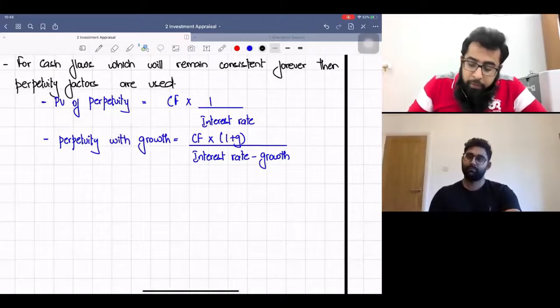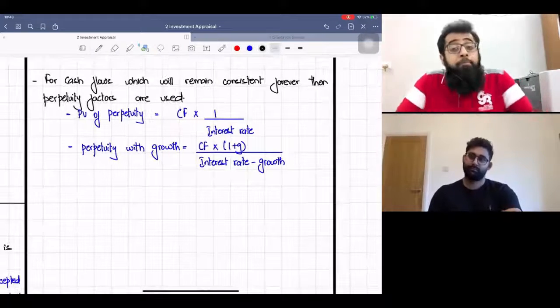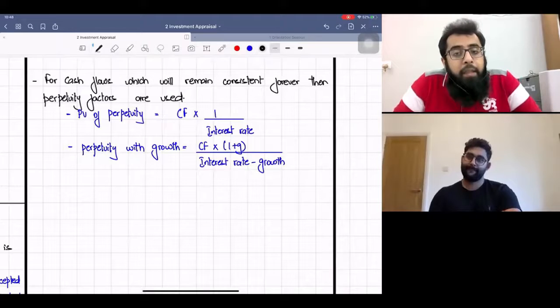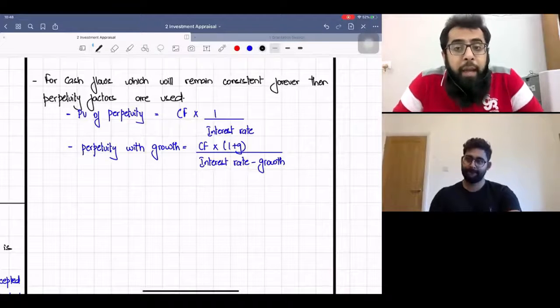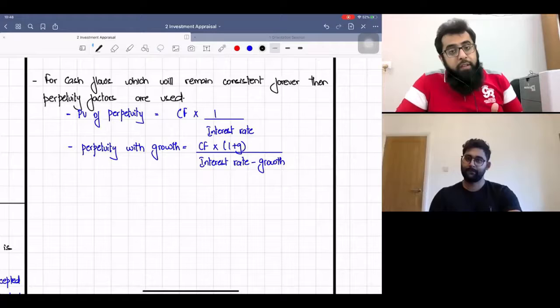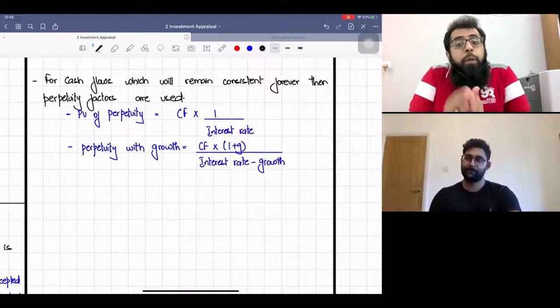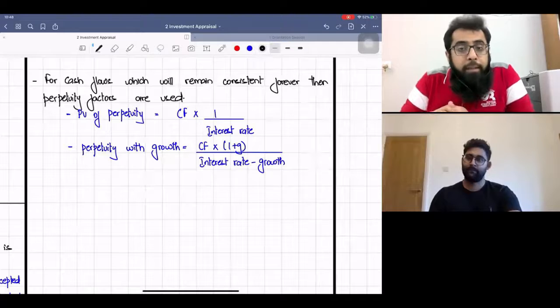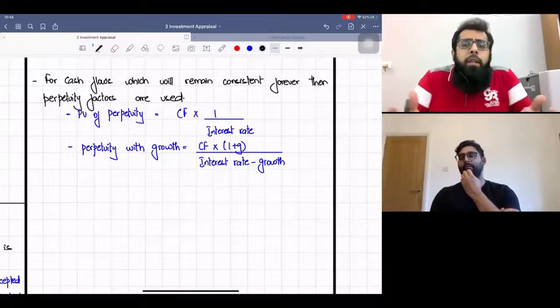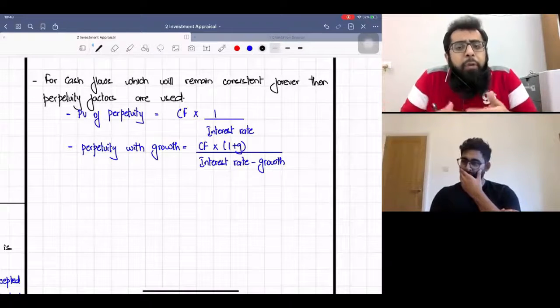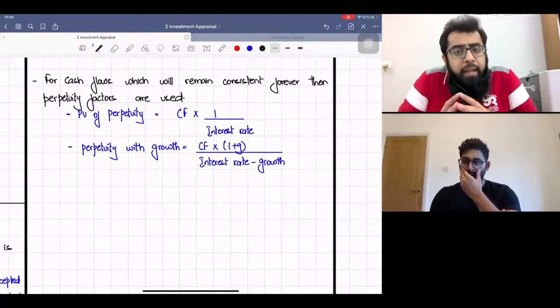Then you need to remember that if there is any working capital investment, we need to have working capital investment at the start of the year. And the general assumption is that working capital investment will be recovered at the end of the project. Working capital investment can include investment in inventory, investment in debtors, and things like that.